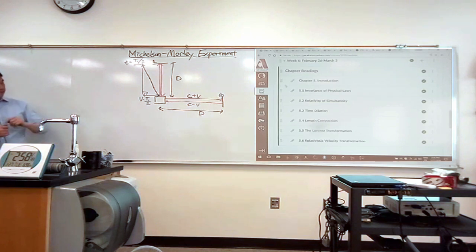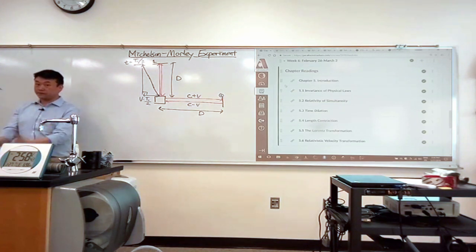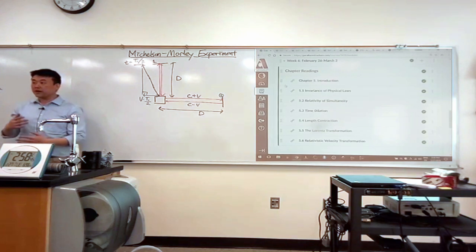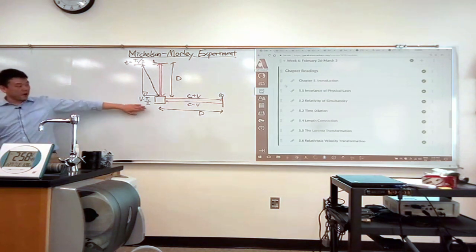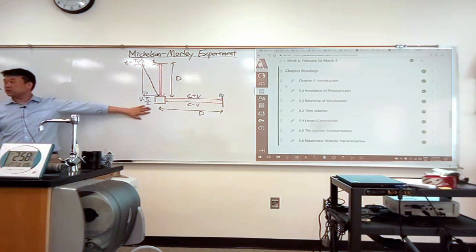So here's the thing. So this is what I want to be able to enforce. This is trying to make our theories agree with the experimental result that no shift of interference fringe was seen.